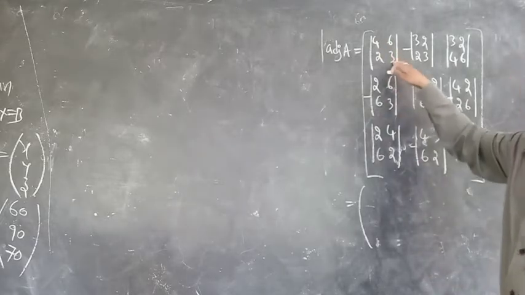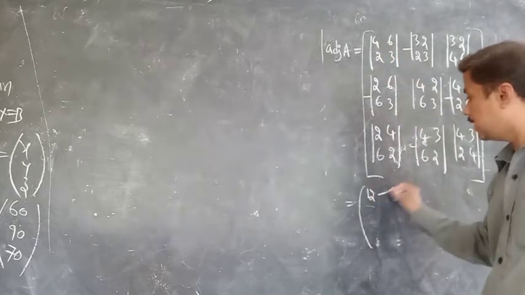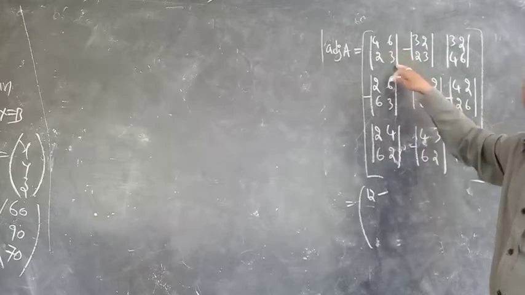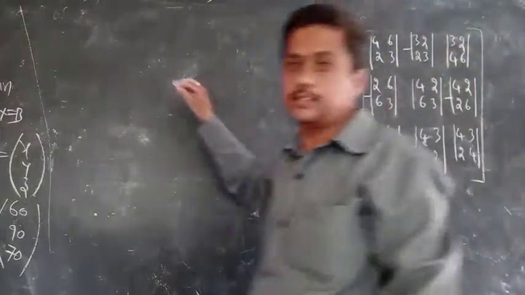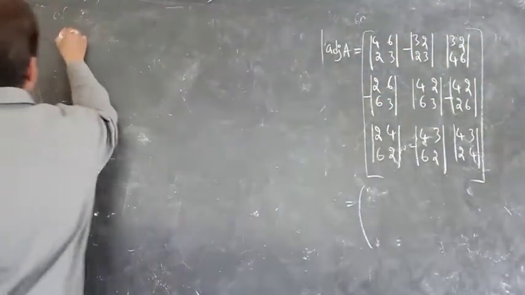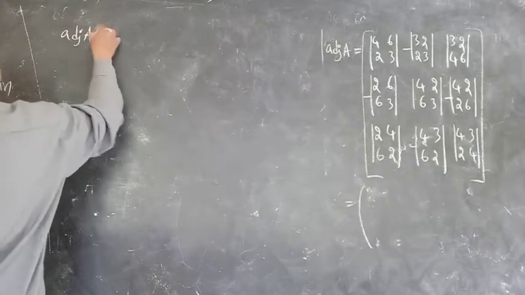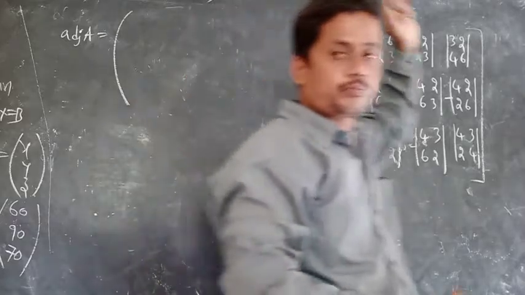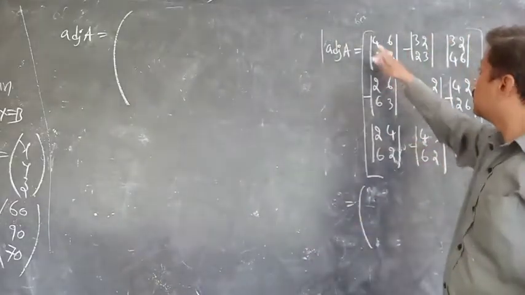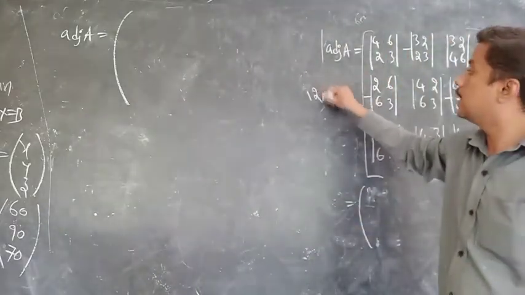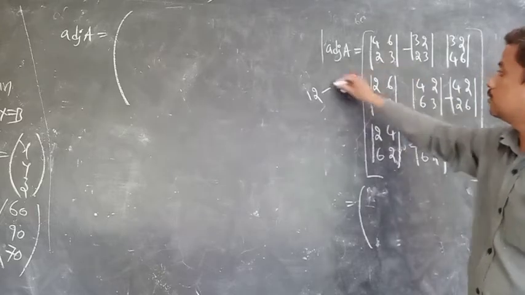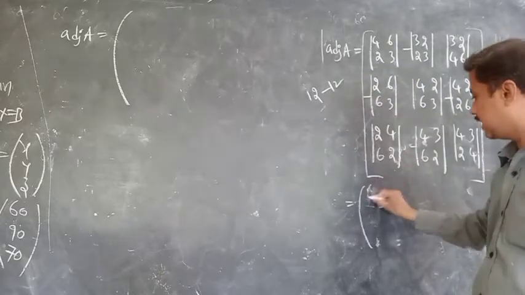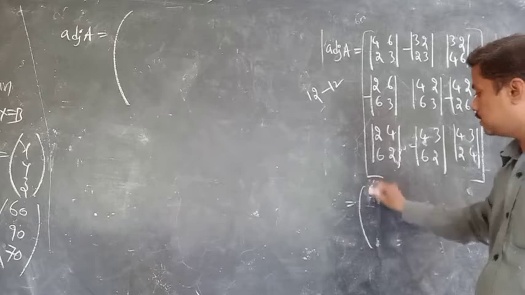Adjoint A is equal to 4 3s are 12 minus 6 2s are 12. So 12 minus 12 is 0. Like this, that one is 0, over.